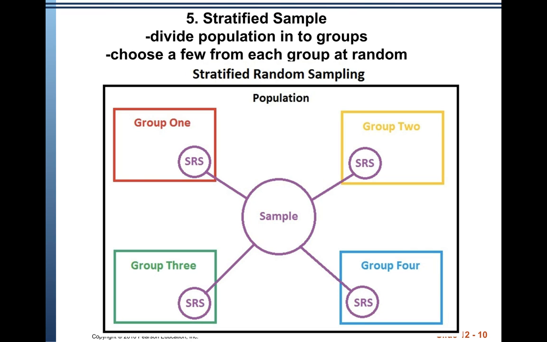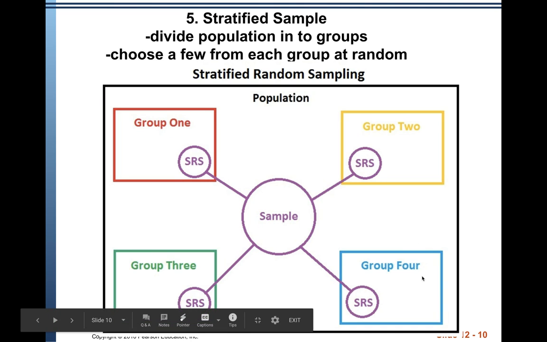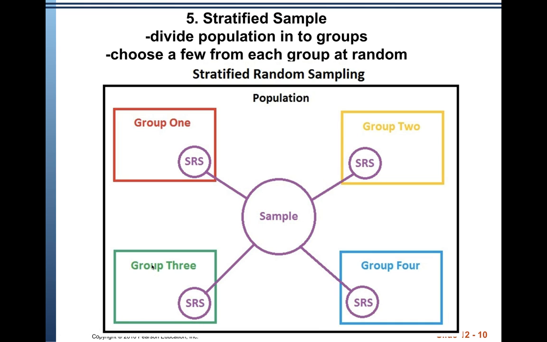An example might be, if you think about school, students are naturally divided into groups. Each group could be a classroom, for example. So I have a classroom here, a classroom here, a classroom here. I've divided the population into groups or classrooms, and maybe I'll pick one or two students at random from each classroom.